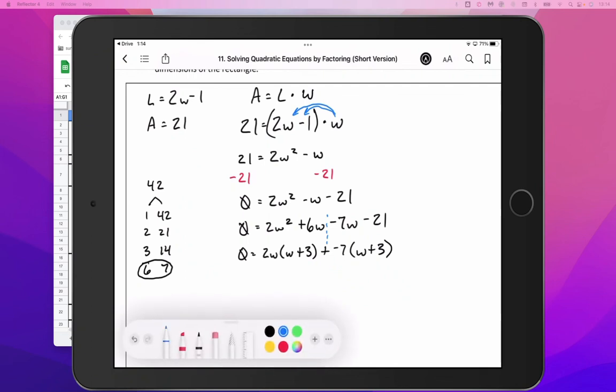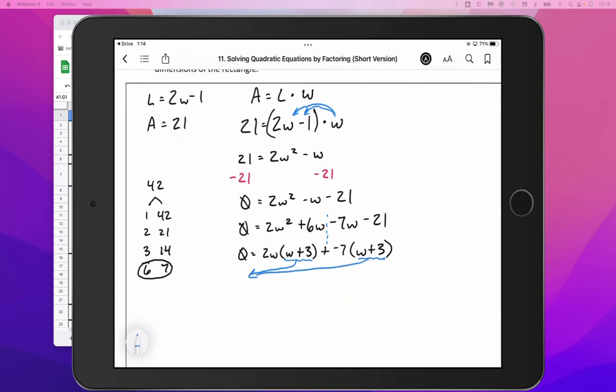And so we can recognize the w plus 3s are common to both, so they will factor out. My arrows are a little bit off, but that's all right. And then what remains is a 2w plus a negative 7, and I'm just going to write that straight up as a 2w minus 7.